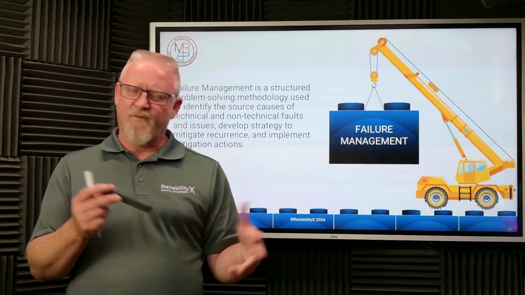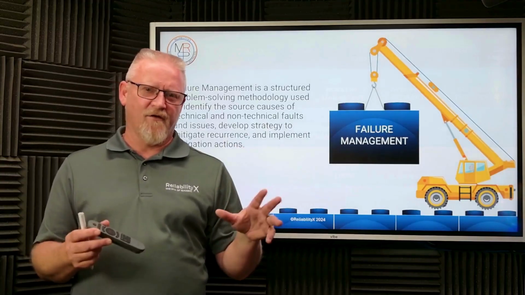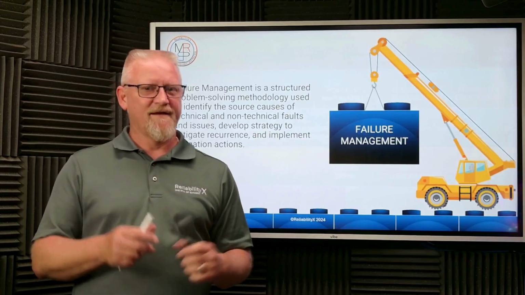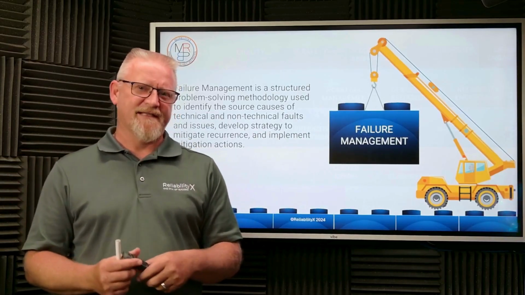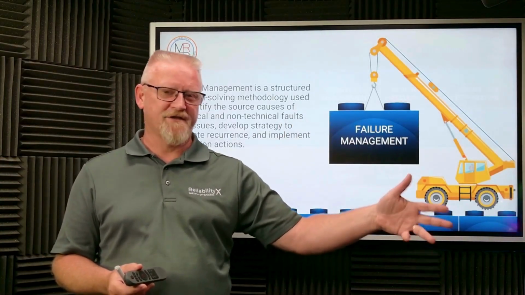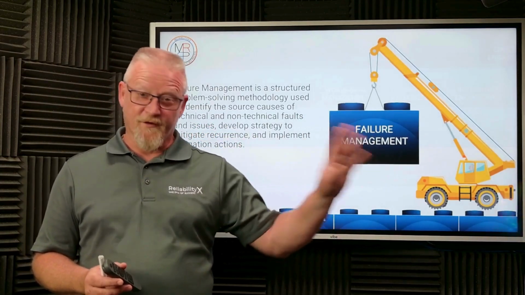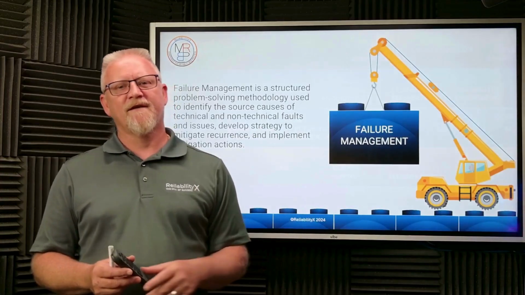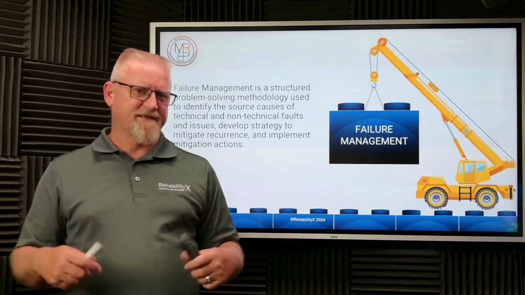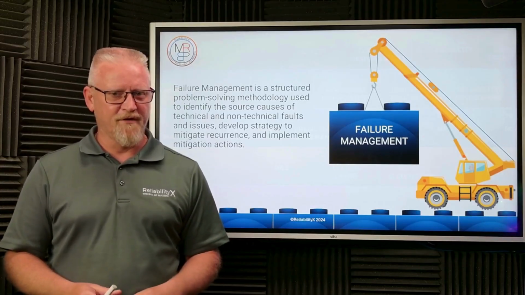I get that that's all part of root cause analysis, but for us, failure management is not only the management of the event of root cause analysis, but all the activities that take place afterwards where we're reducing the probability of reoccurrence through actions that get taken, through the investigation of some third-party technical aspects associated with an event or a failure. All those things combined for us are included within the failure management building block.